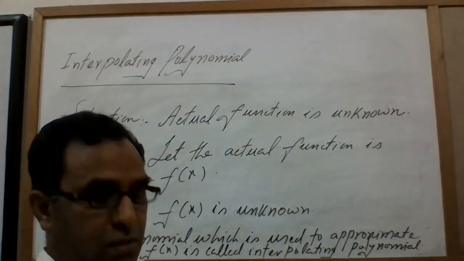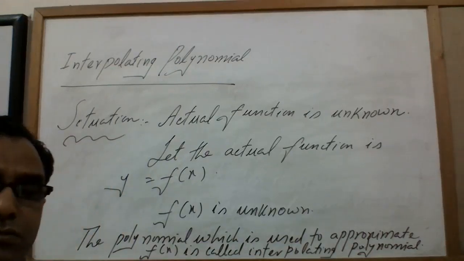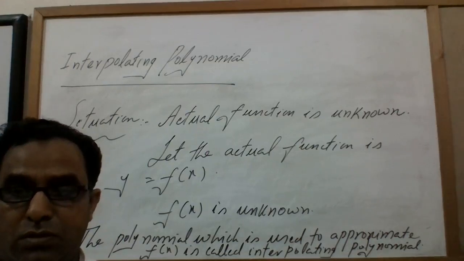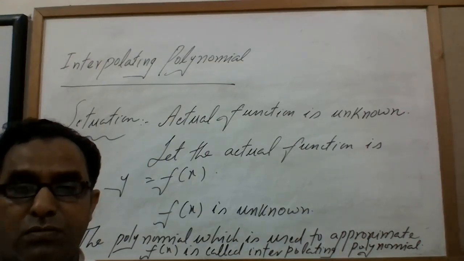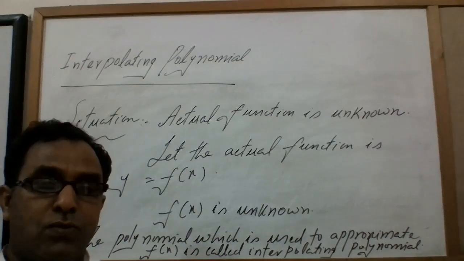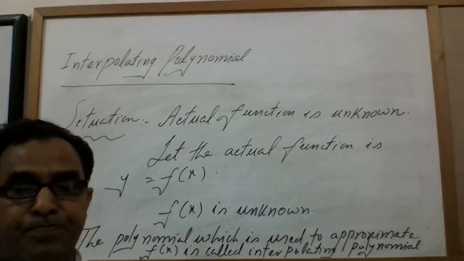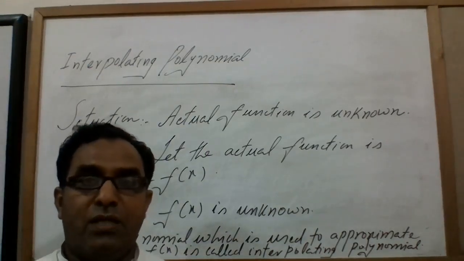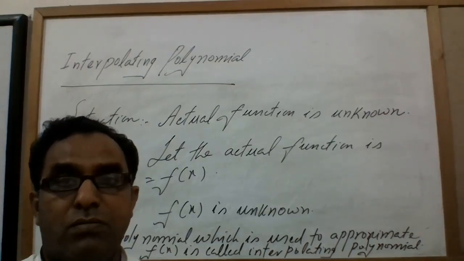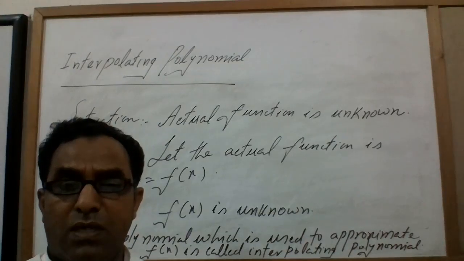So that polynomial which is used to approximate the unknown function is called the interpolating polynomial. You must keep in mind that this interpolating polynomial can only be used for values of independent variable in between the minimum value and maximum value of independent variable.